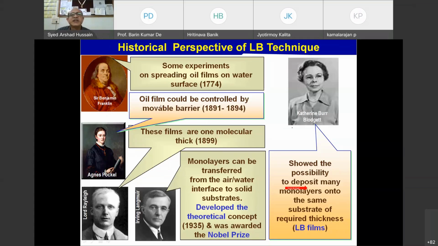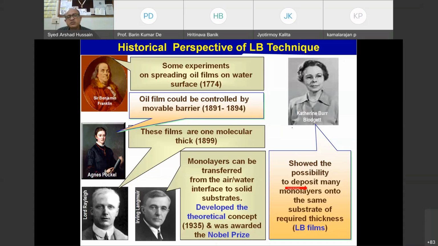Agnes Pockels demonstrated that this oil layer on the water interface can be controlled by a movable barrier. Then Lord Rayleigh demonstrated that the thickness of such a layer is one molecule thick. Later, Irving Langmuir demonstrated that this monolayer can be systematically transferred from the air-water interface to a solid substrate.